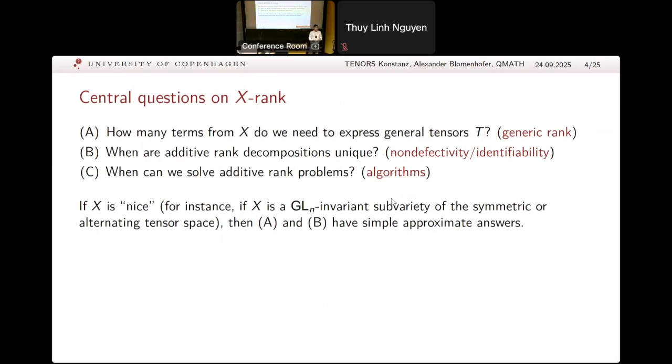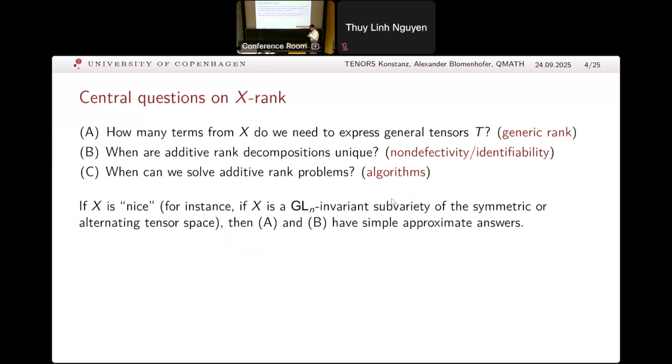You could also ask for not generic ones, but for additive rank decompositions, that's only ever a difference by at most a factor of 2, because every non-generic tensor is a difference of 2 generic ones. So this question about the generic rank is one of the fundamental questions about X rank that you should ask.